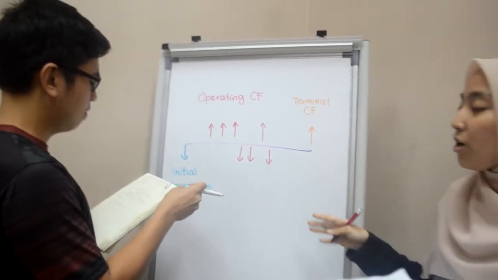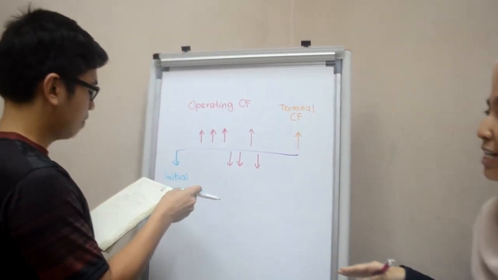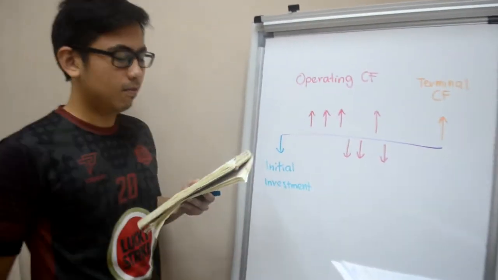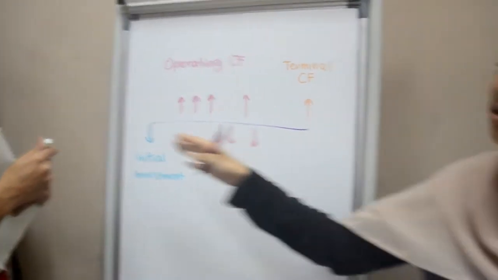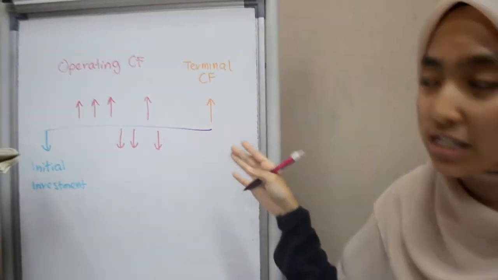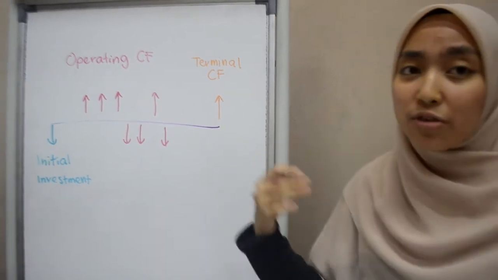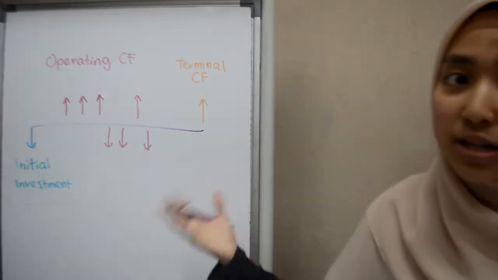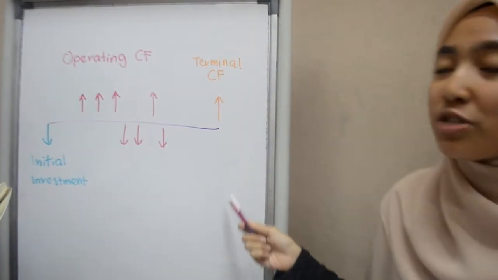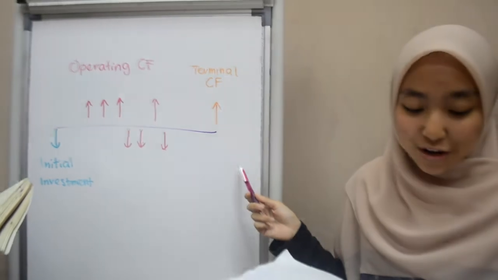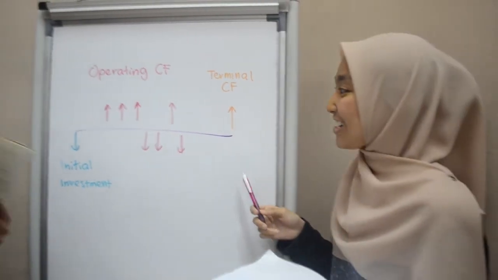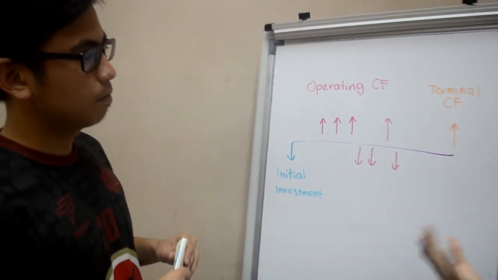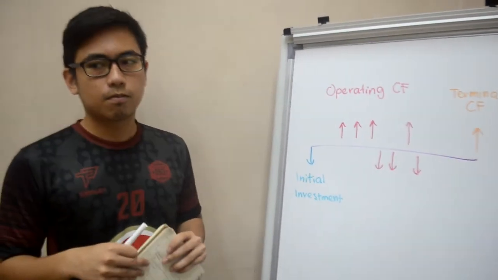It can be both outflow and inflow to the company. The third one is the terminal cash flow, the last period of the cash flow, which is maybe the time for the company to recover their net working capital, or dispose of their assets and get the money. So this is the end cash flow, which is an inflow to the company.